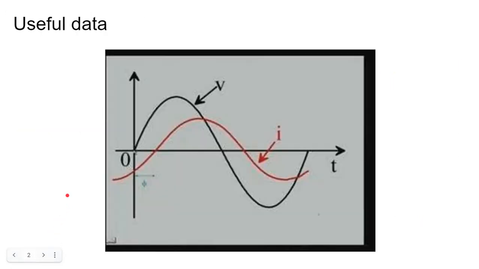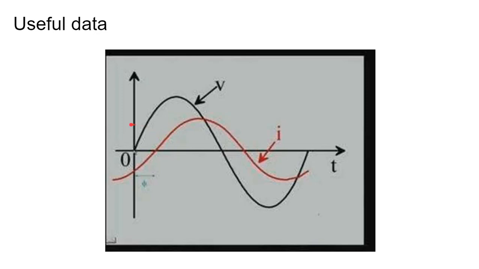Let us have a brief discussion on power factor. Power factor is defined as the cosine of the phase difference between the voltage and the current phasor. Generally, the voltage phasor is taken as reference. If the current phasor is coming after the voltage phasor, we can say that the load is lagging.